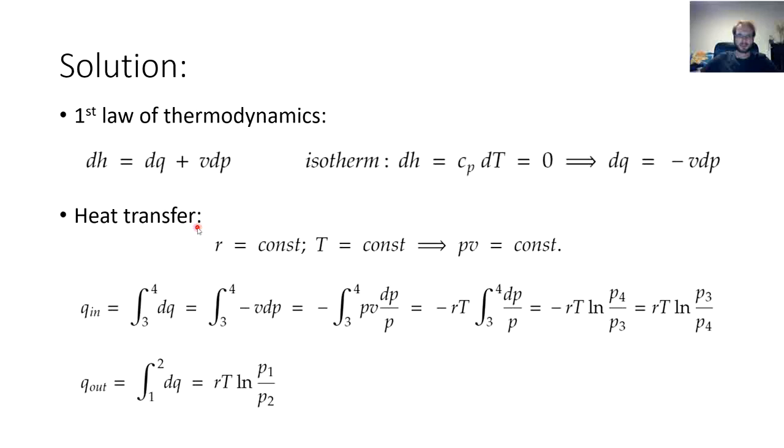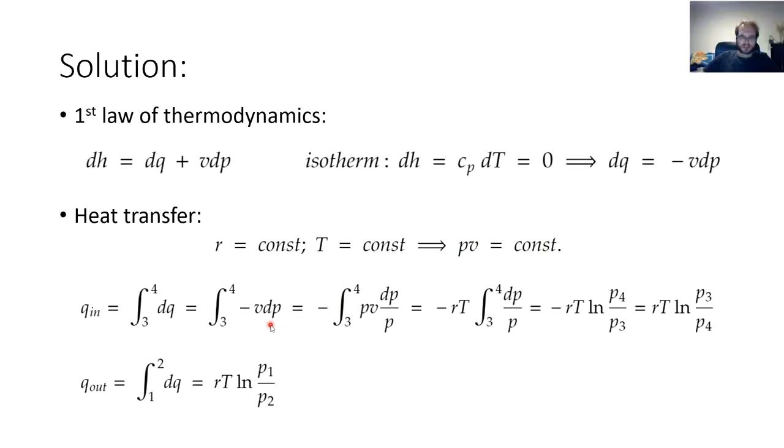So for the heat transfer of this isotherm, we can write, for example, the heat input as the integral from point 3 to point 4 of dQ, which means the integral from 3 to 4 of minus VdP. Now we can do one modification here to the VdP, because R is constant and T is constant, so from the ideal gas equation PV would also be constant.